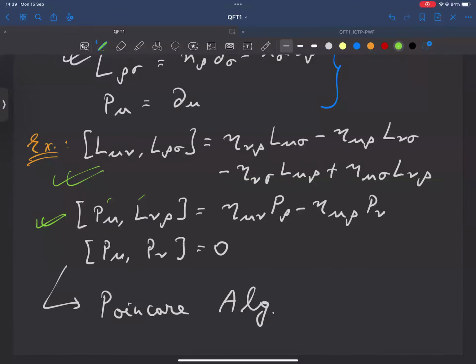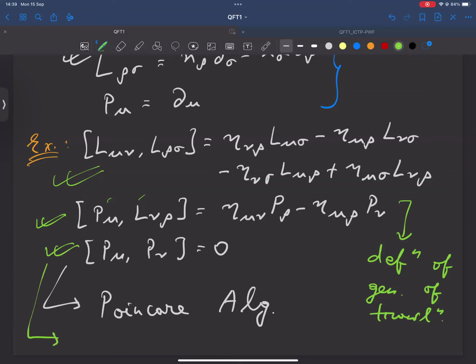And you can also use this as a definition of the generator of translations from that property. So that's how a 4-vector transforms under Lorentz transformation. And the third thing just says that translations commute.